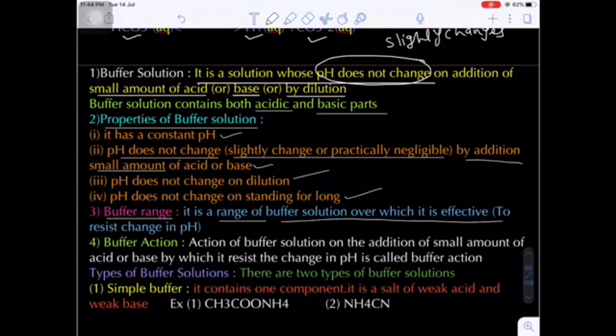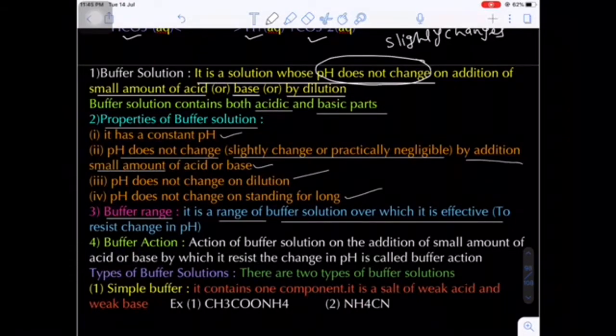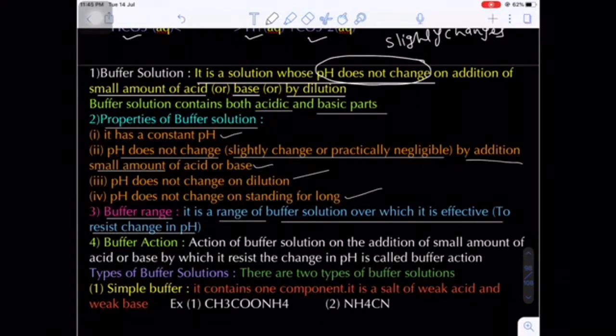Now, what is the definition of a buffer range? It is the range of a buffer solution over which it effectively functions. What is the meaning of effective function? It means to resist the change in the pH, to stop the change in the pH. That is the function of the buffer.